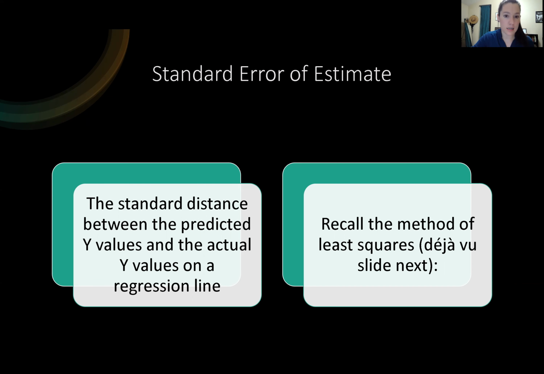So then we need to talk about the standard error of estimate. You can make predictions with the regression equation, but you need the standard error of estimate to tell if those predictions are significant. Can you significantly reject the null hypothesis?